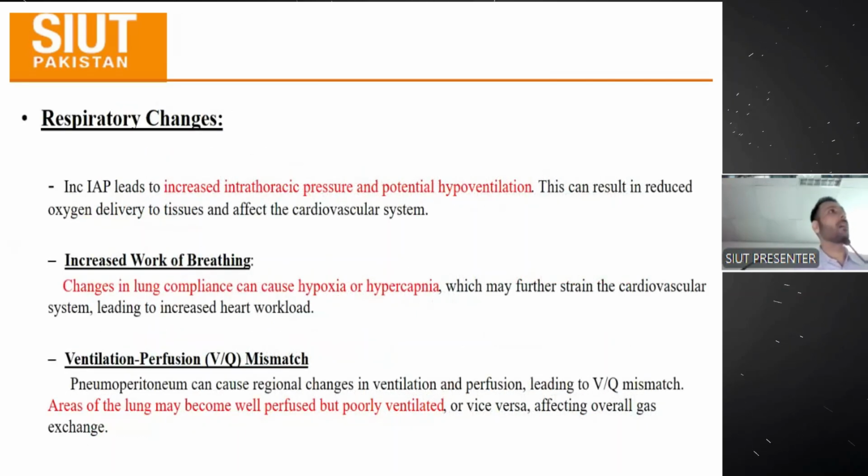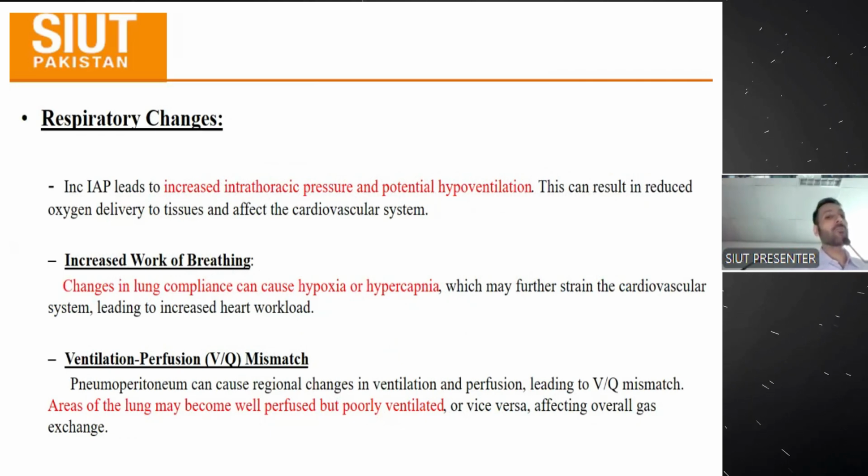The other change that comes is in the respiratory tract. This change basically occurs due to the increased intrathoracic pressure and potential hyperventilation that happens to the patient during the laparoscopic surgery. So this can reduce the overall oxygen delivery to the tissues and affect the cardiovascular system.